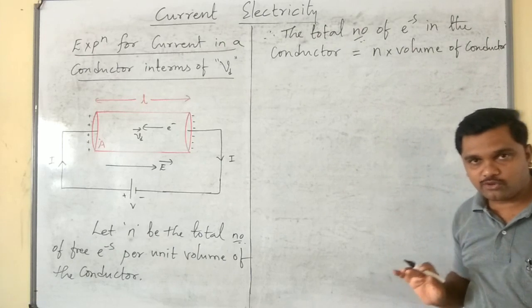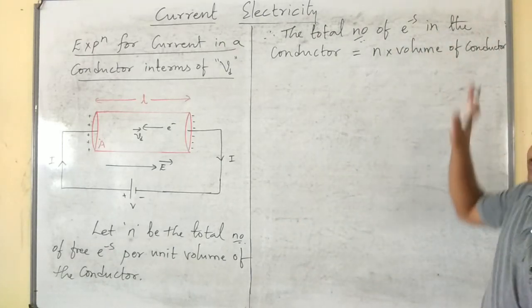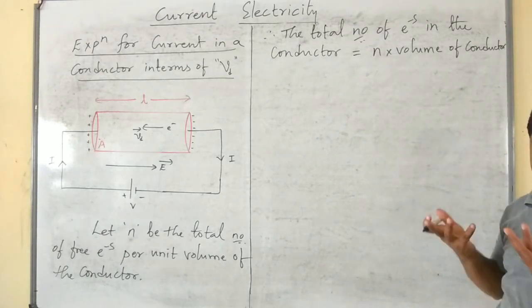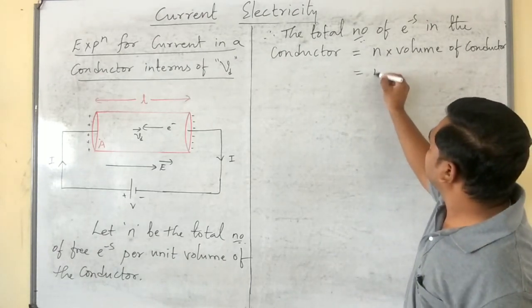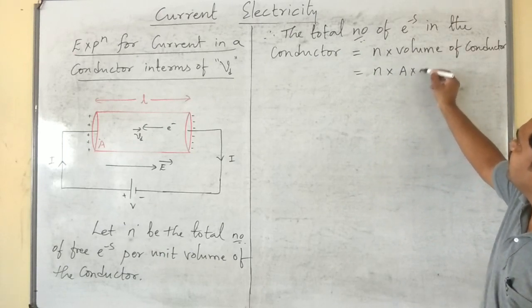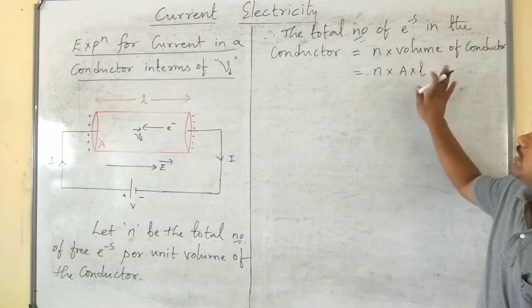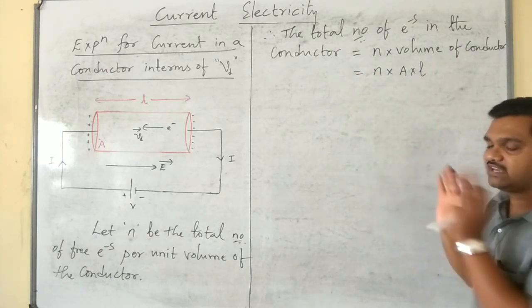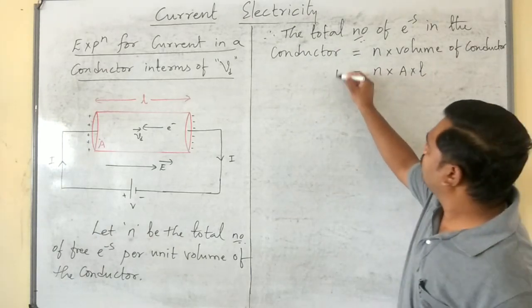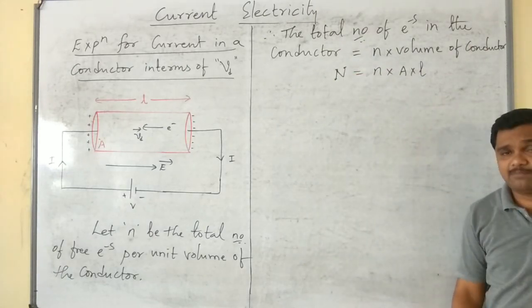For 1 meter cube, n; for this volume of the conductor, n into volume. The volume of the conductor is given by area into length. So this is the total number of free electrons present in the conductor. Let us represent it with capital N.